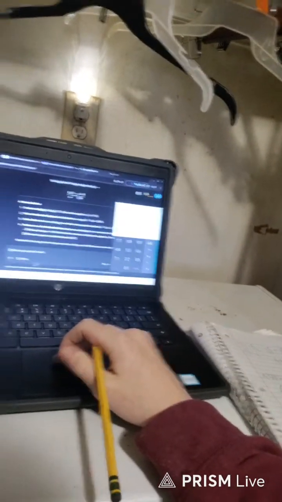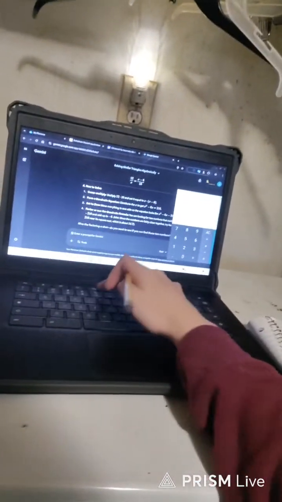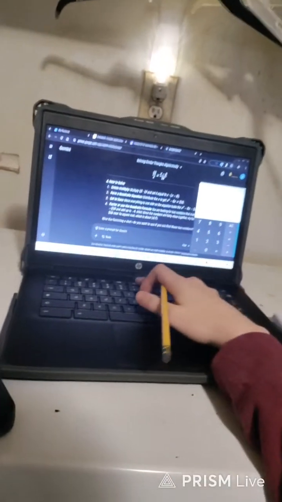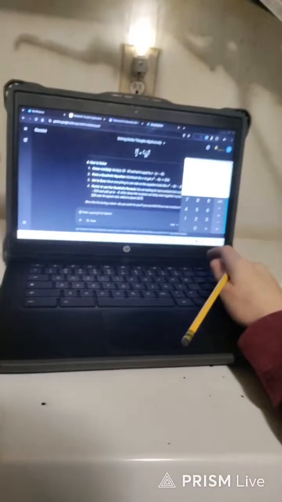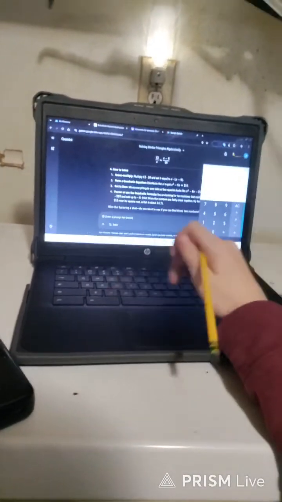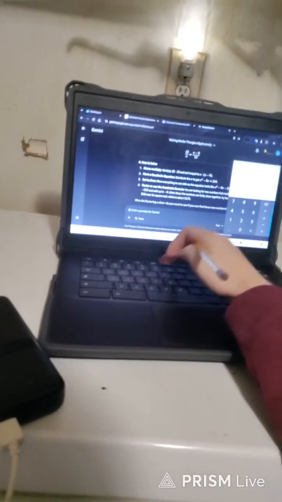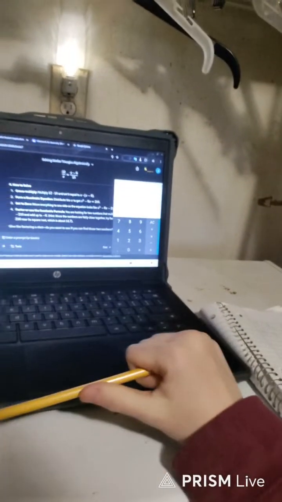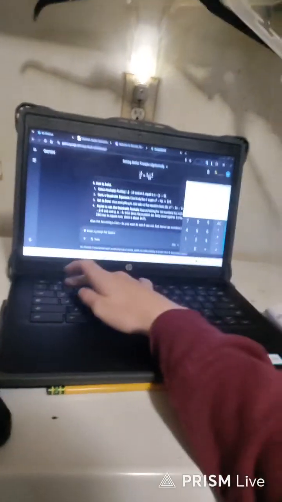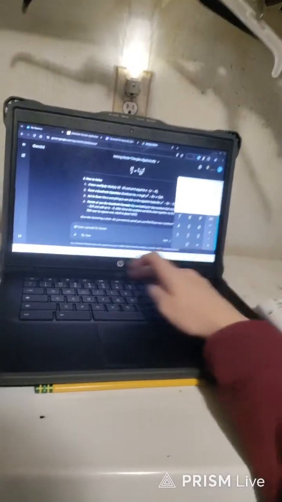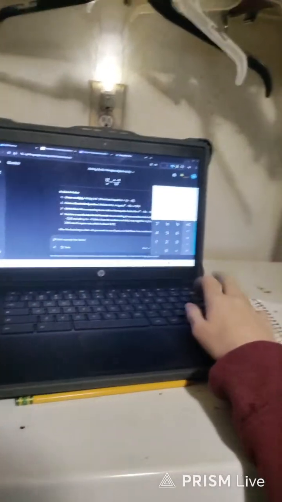Oh. 15 times 15, no. It's going to be like negative. 216 divided by 15 is 14.4. No. 216 divided by 14 is 15.42.